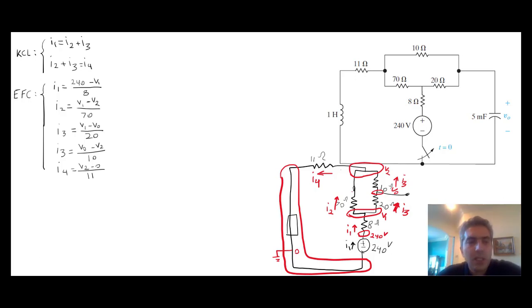So let's count the number of unknowns that we have in the circuit. We have 1, 2, 3 unknown voltages, and then 1, 2, 3, and 4 unknown currents. So a total of 7 unknowns. And if you count the number of equations, we have 2 KCL and 5 equations for components. So 7 total equations, and this is a solvable set of equations. In other words, at this point you can calculate all the unknowns.